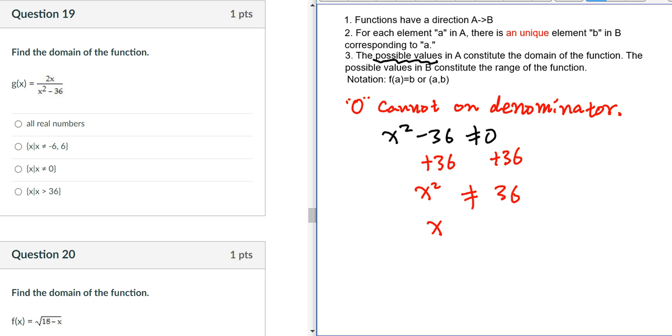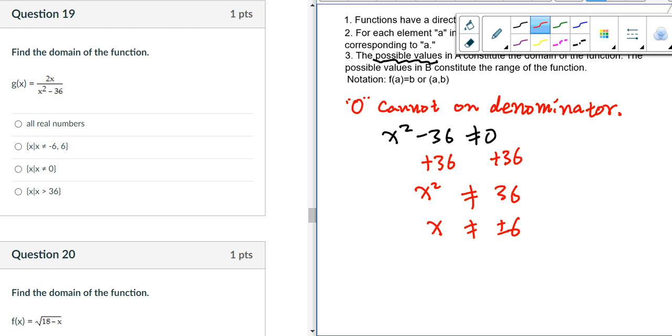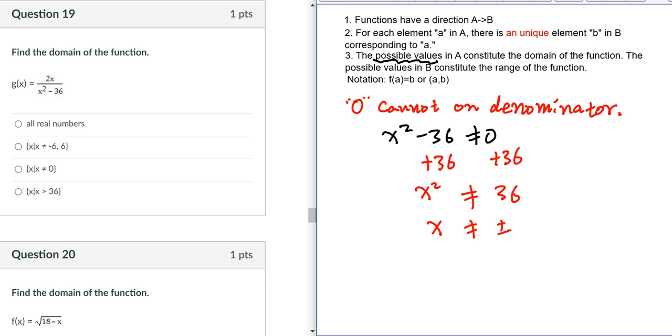Then x will not be positive or negative 6. Let me write it nicely. So here what I want to do is put a nice 6. So in this case, you want to choose this one. The first x stands for the variable. The second one stands for x cannot be negative or positive 6.